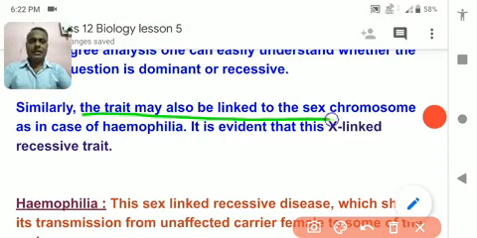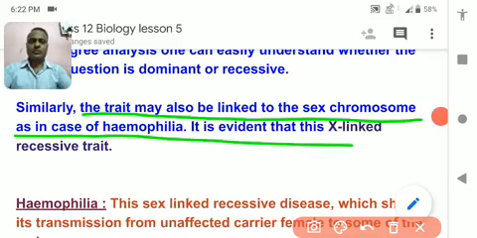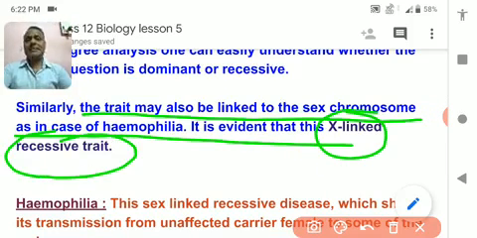If it is linked with the X chromosome, that is called X-linked inheritance or recessive trait. One good example is hemophilia and another is color blindness, which has not been mentioned in your book.